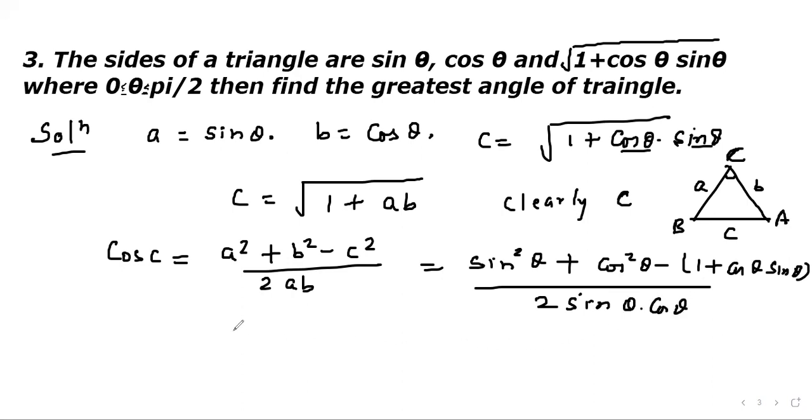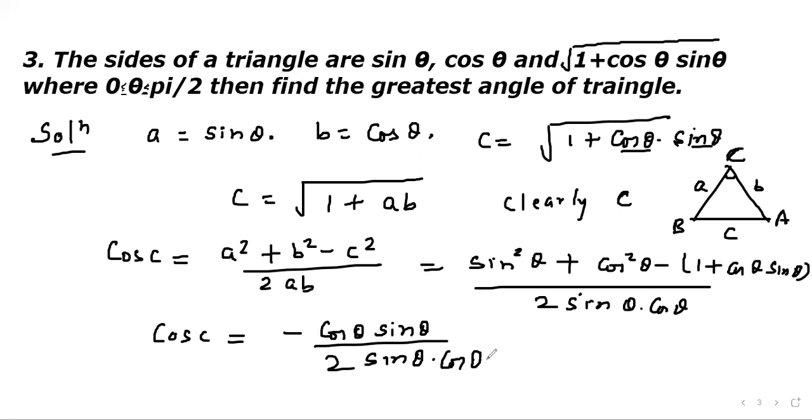Now cos C equals, this will become 1 and then 1 will cancel out. So we will be left with minus cos θ sin θ divided by twice of sin θ cos θ. That is minus half, which then angle C will be equal to 120 degrees because cos 120 degrees is minus half. Now, let's consider question number 4.